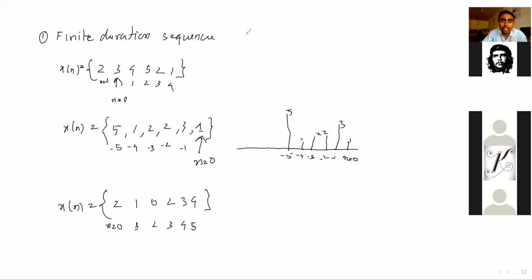Like that, there are other kinds of sequences. The second type of sequence is the infinite duration sequence.